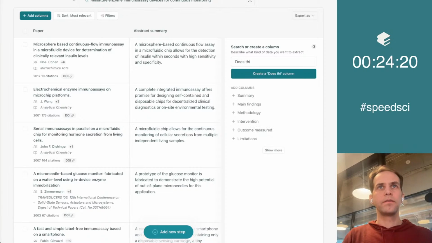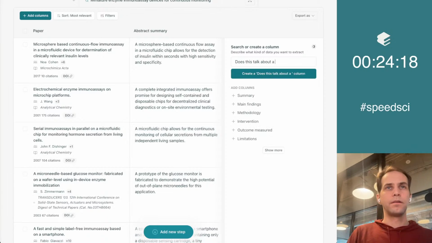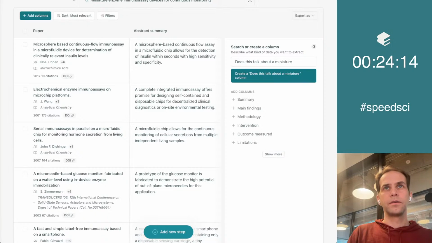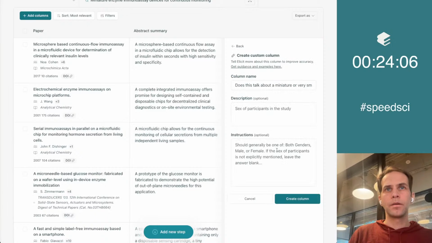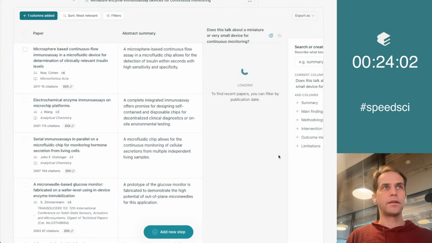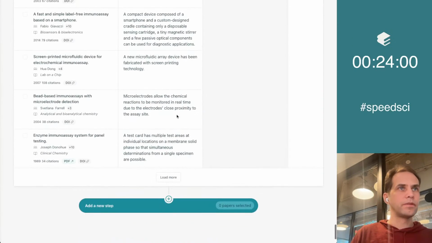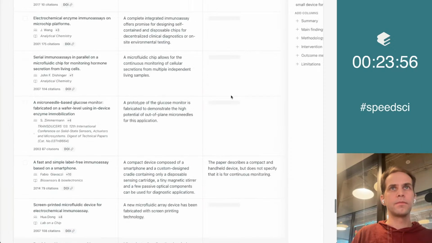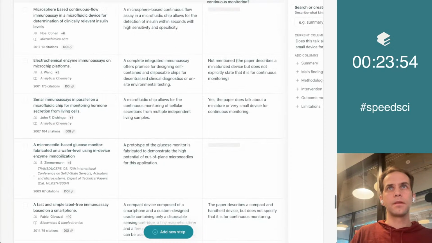I'll add a column. Does this talk about miniature or very small device for continuous monitoring? And make this a high accuracy column, and then I'm going to filter by yes, because I think not all of these are actually going to be relevant.